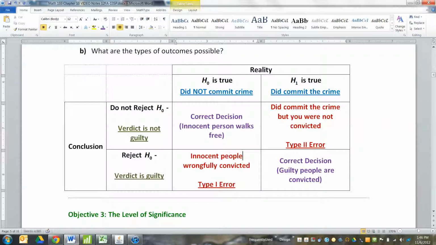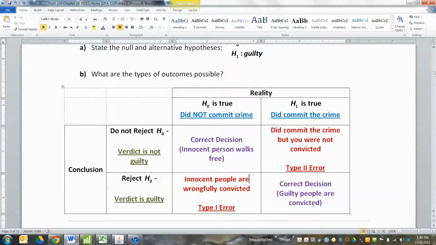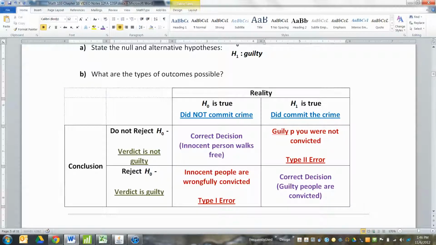That's a type 1 error in this particular setup. Or I have guilty people who are not convicted. Guilty people are not convicted. That's a type 2 error.